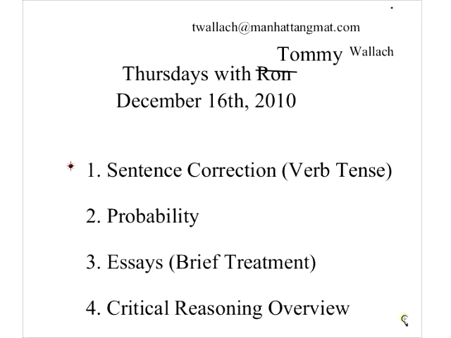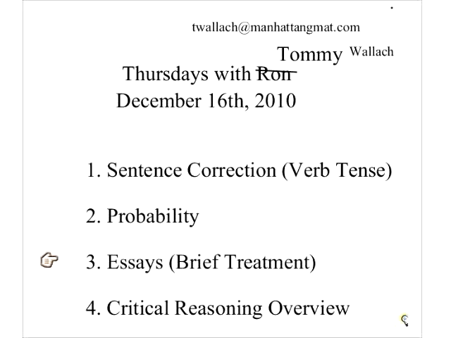As an overview, I got asked a couple of times about sentence correction, verb tense specifically. I don't want to cover just what I covered last time, so I'm not going to do a big sentence correction overview, but I will talk about verb tense and go into some of the vagaries and details of it. After that, I got asked about probability, particularly the 1 minus x trick, so we can talk about that and what it means, as well as probability overall.